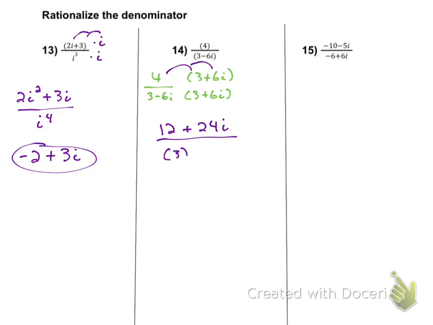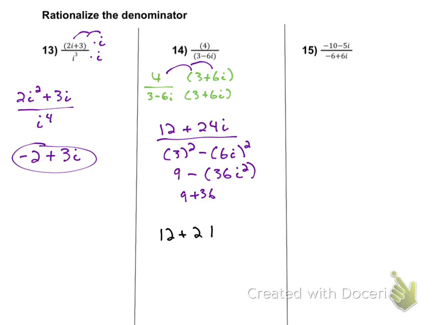Denominator will be first term squared minus second term squared. So that will be 9 minus 36i squared.